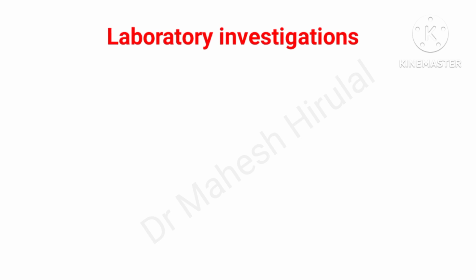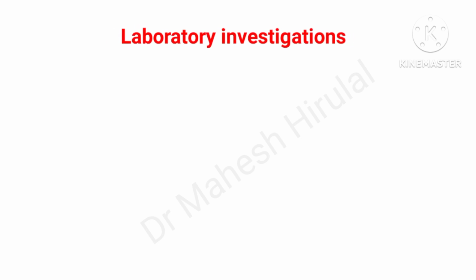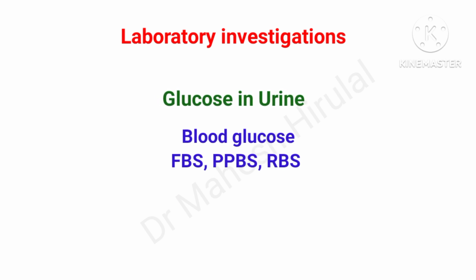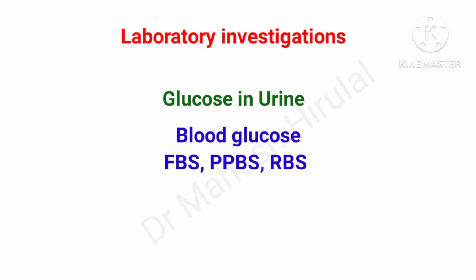Routinely advised laboratory investigations in diabetes mellitus are test for glucose in urine, blood glucose level tests like FBS, PPBS and RBS, OGTT and HbA1c. Test for glucose in urine is not a confirmatory diagnostic test for diabetes mellitus.